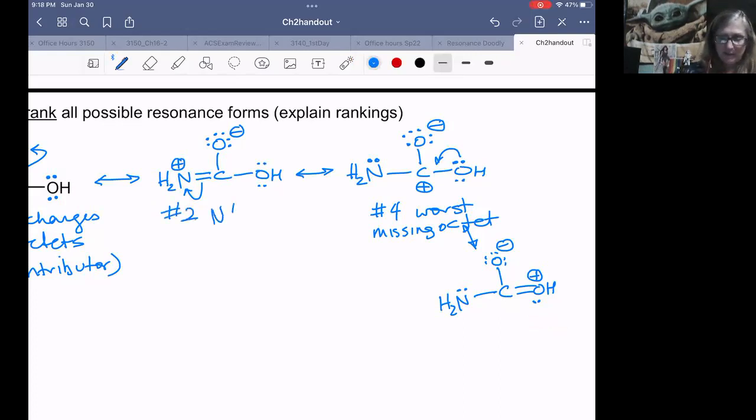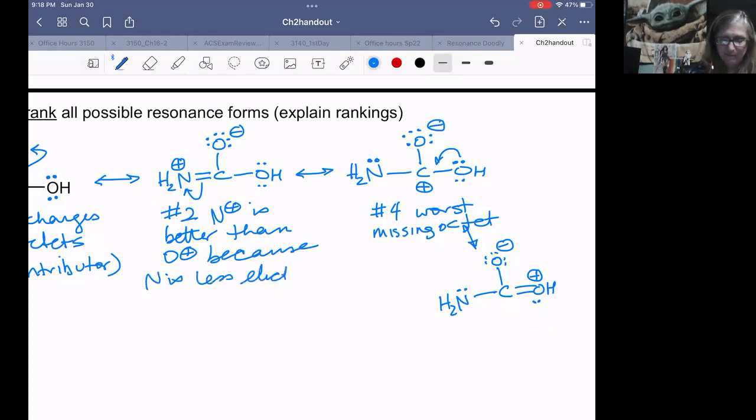And that's because N plus is better than O plus. Why? Because nitrogen is less electronegative. So this one is our number 3 resonance form.